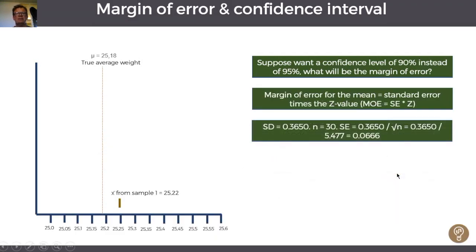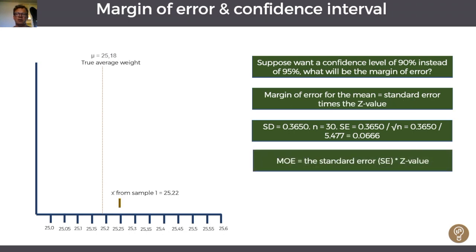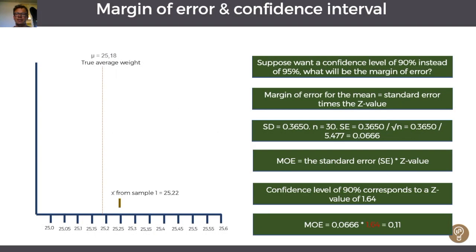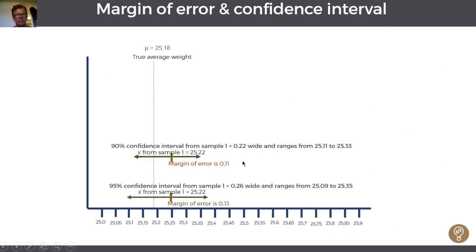And using that z-value will lead to a margin of error of 0.11. Because you multiply the standard error, and that remains the same, 0.0666, times the lower z-value, it gives a smaller margin of error, and you can see it here.